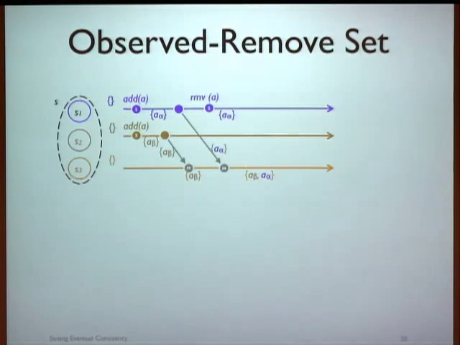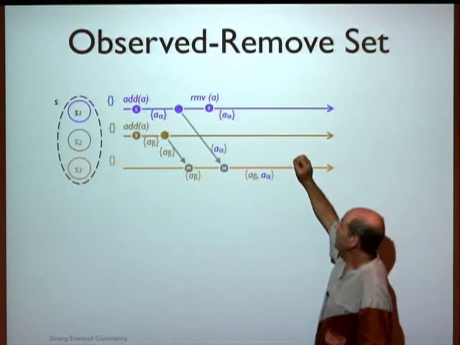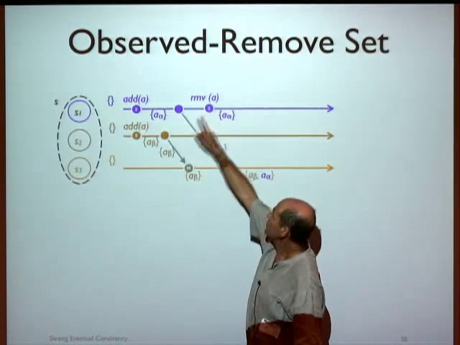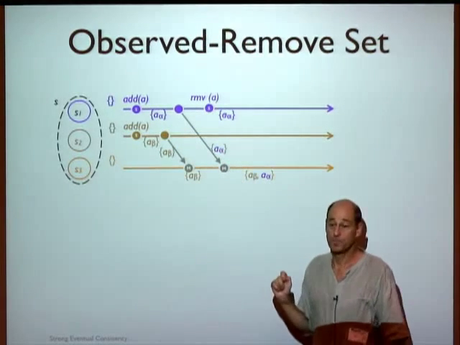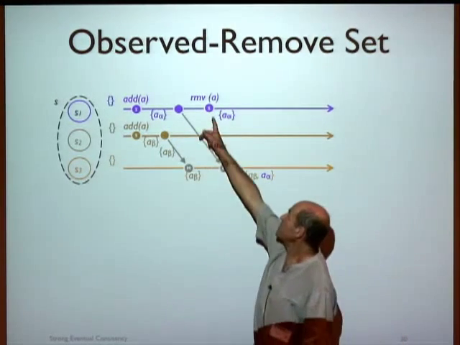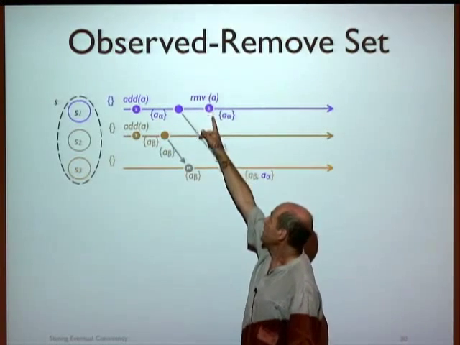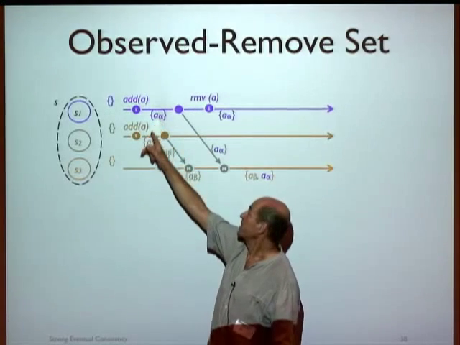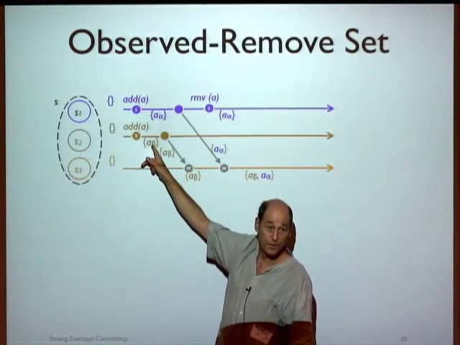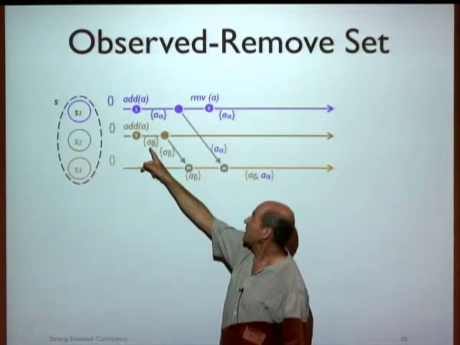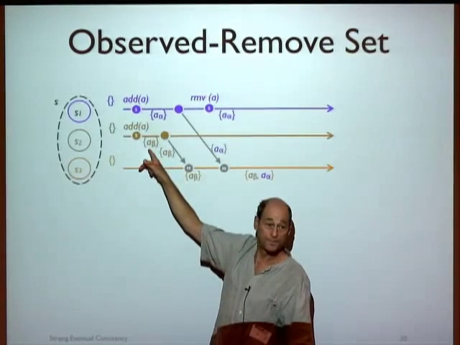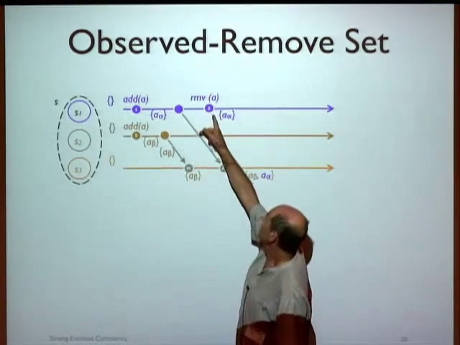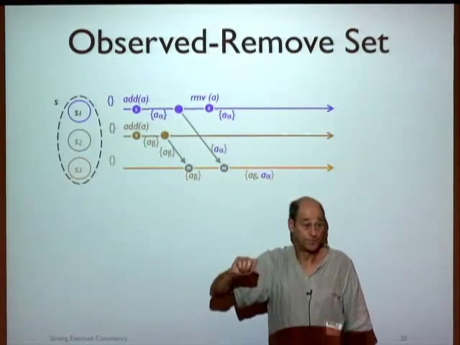And now I do a remove. Here we have concurrency between this remove and this add. But you can observe that the replica doing the remove can only see this A. It cannot see the other A. So it would make no sense to try to remove that one, and that's why I've distinguished the two.